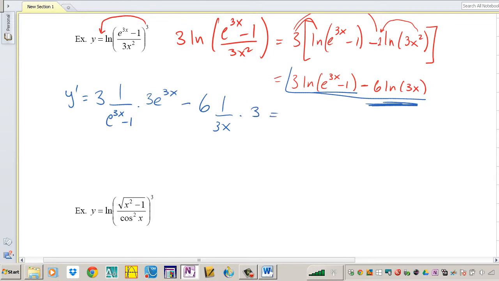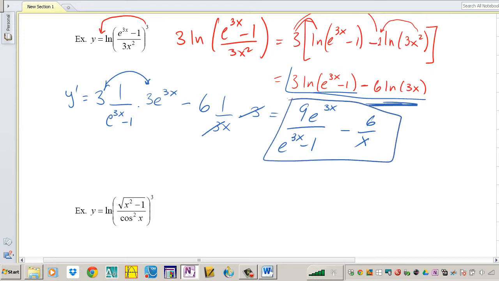And we see that we have really messy stuff. So it's going to be 3 times 3, 9 e to the 3x all over e to the 3x minus 1 minus 6. Well, it is minus 6 because I can knock off the 3's. So minus 6 over x. And I refuse to do anything else to continue this part here, so I'm going to leave it like that. So I'm done.